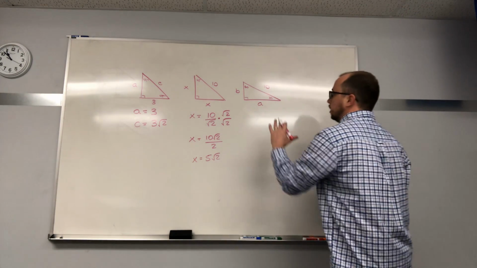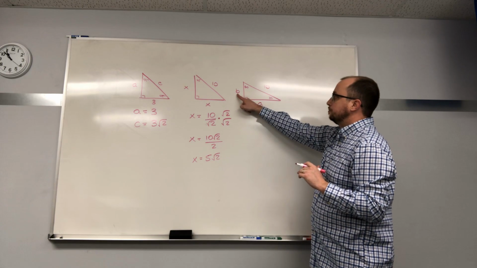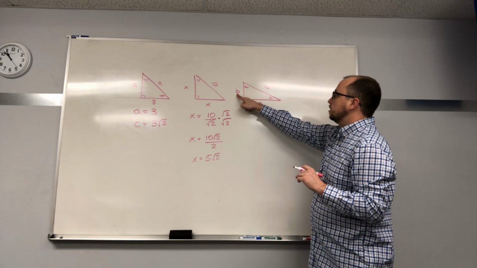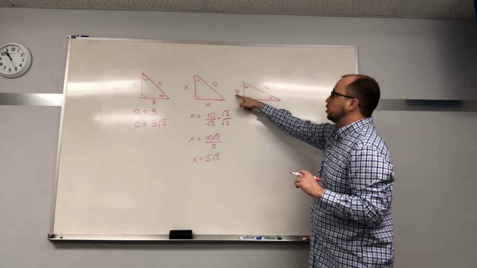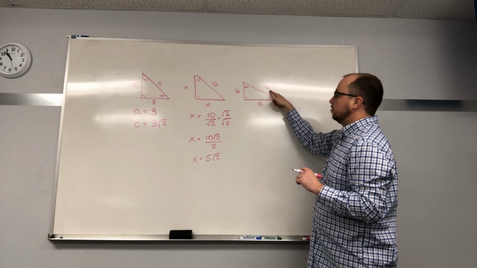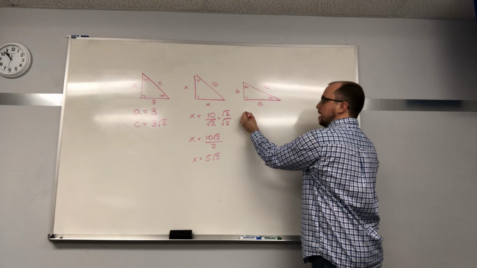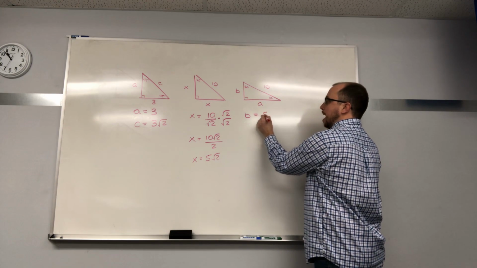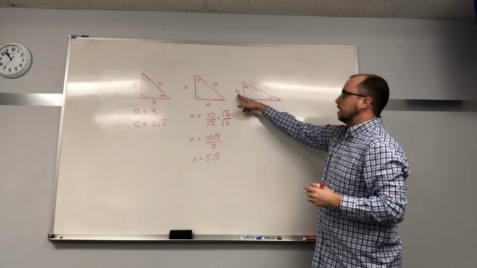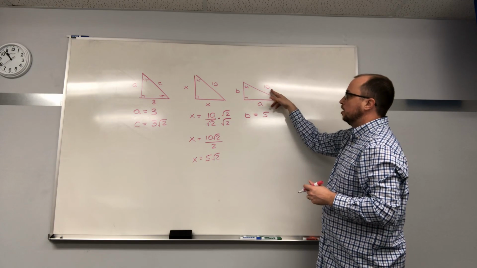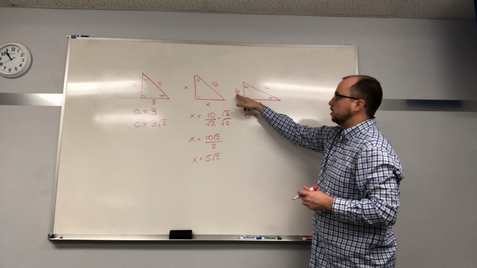Okay, so if I'm looking at this, I know my short side is always multiplied by 2 to get the long side, or the short side is half of the long side. So if I know the long side is 10, the short side B would have to equal 5 immediately. Okay? Short side 5 times 2 should give me 10. Or long side divided by 2 should give me short side 5.